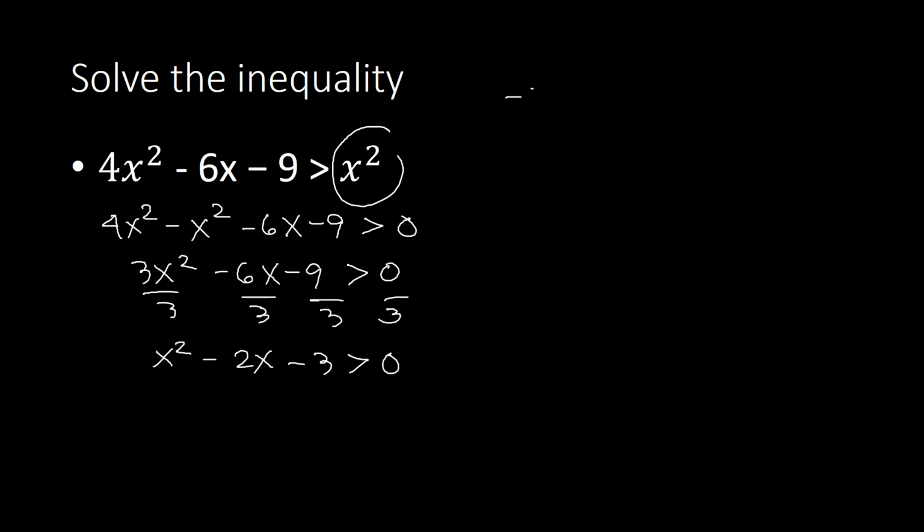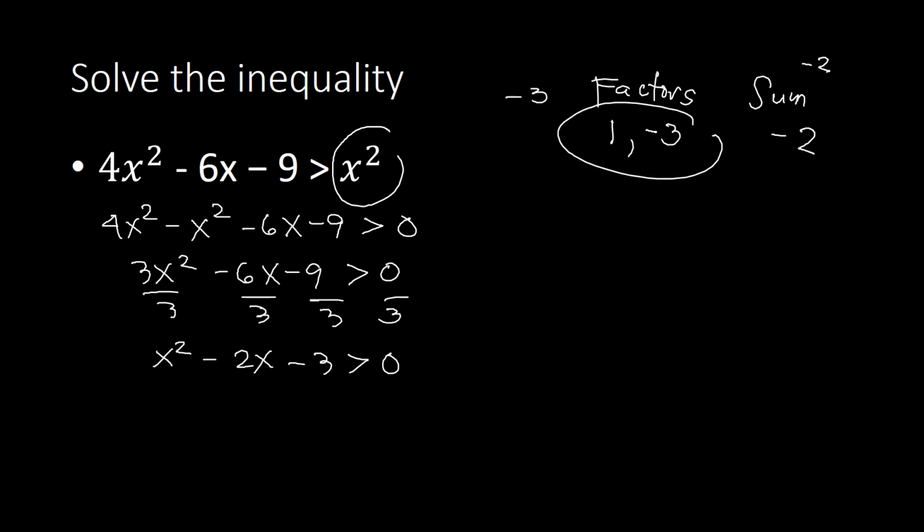So considering negative 3, looking for factors, and then we have to also look for the sum of the factors in which that will be showing negative 2. So since that's negative 2 on the sum, that means to say bigger number will get the negative sign. So we have positive 1 times negative 3. Adding that one will be equal to negative 2. So automatically, this is our part of the factor.